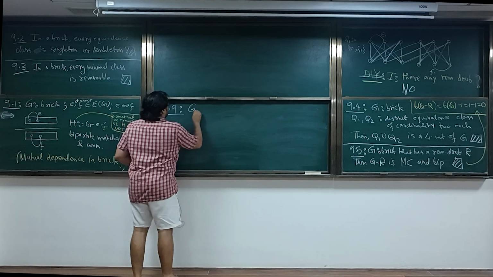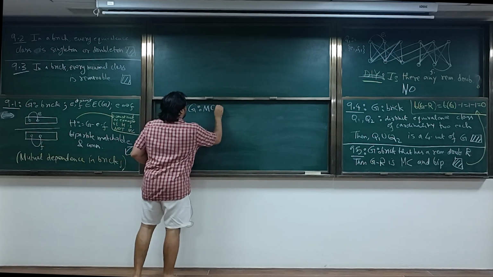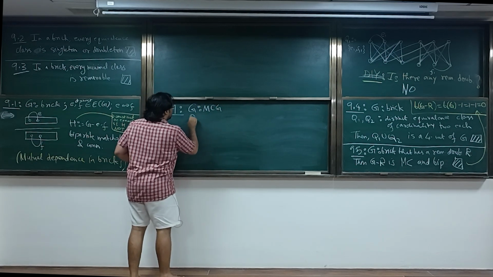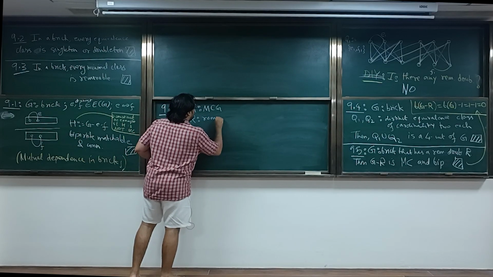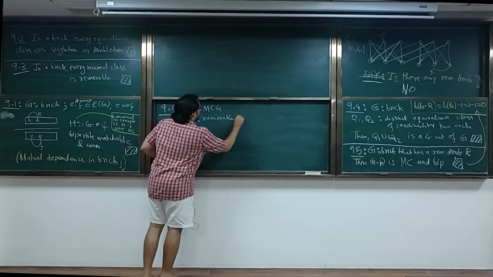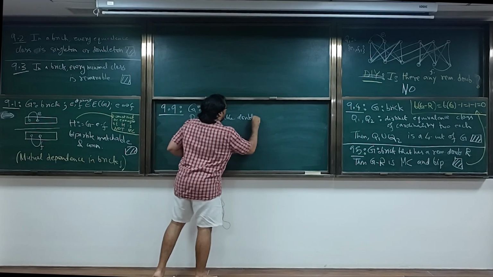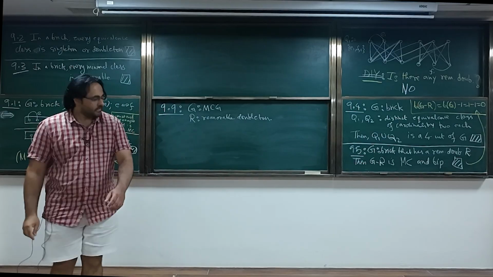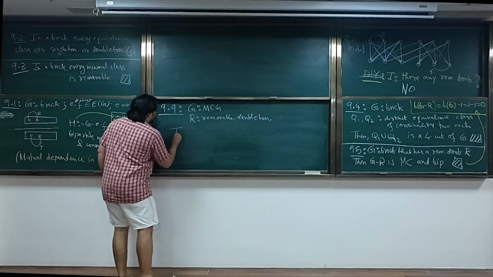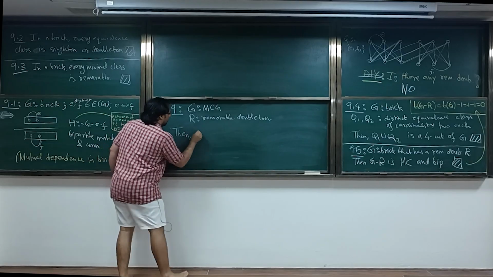G is a matching covered graph that has some removable doubleton. It has a removable doubleton. Then the question is, how are these two quantities related?